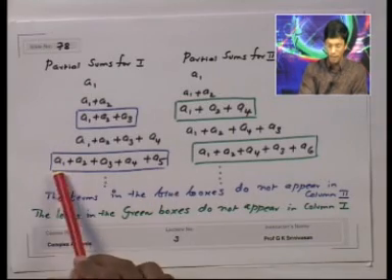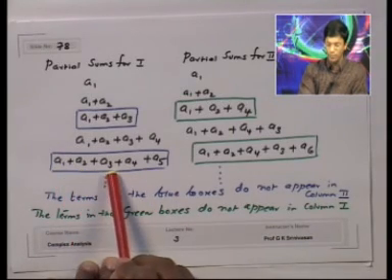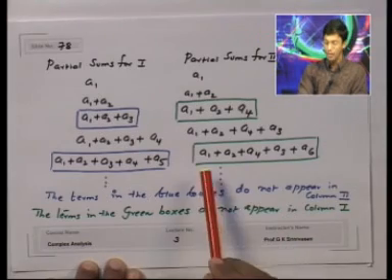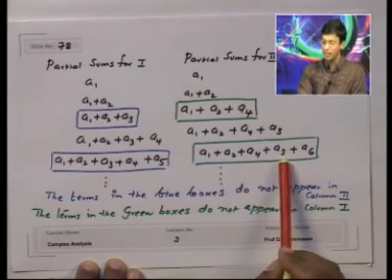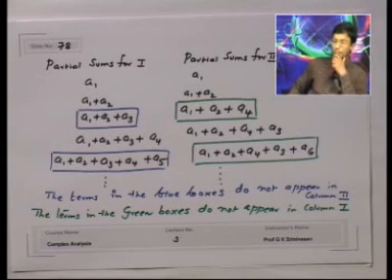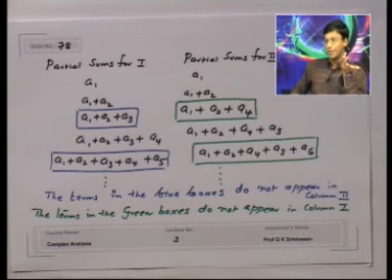This term a1 plus a2 plus a3 plus a4 plus a5 is not going to appear anywhere in this column. a1 plus a2 plus a4 plus a3 plus a6 is not going to appear anywhere in the left column. What has happened? The sequence of partial sums is completely different for the two infinite series. Therefore, it is not surprising that their limits are different.